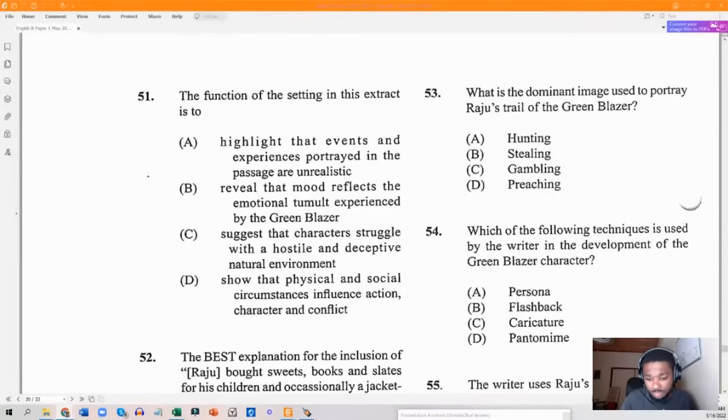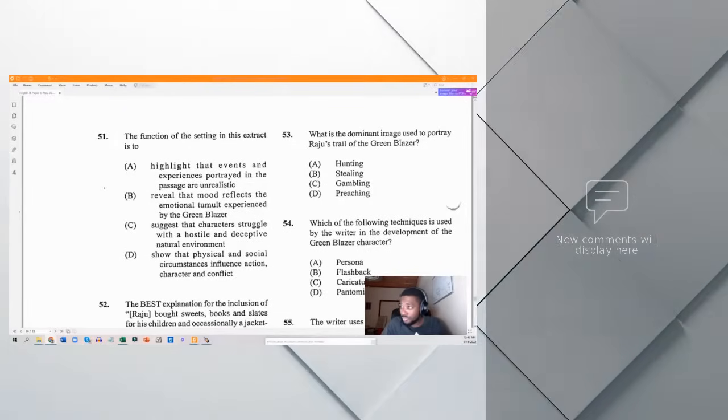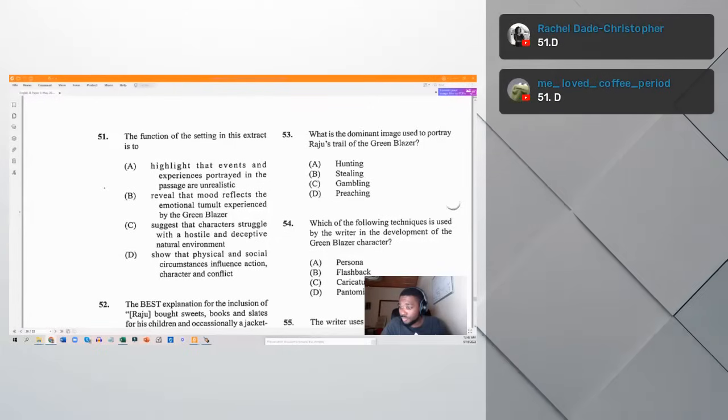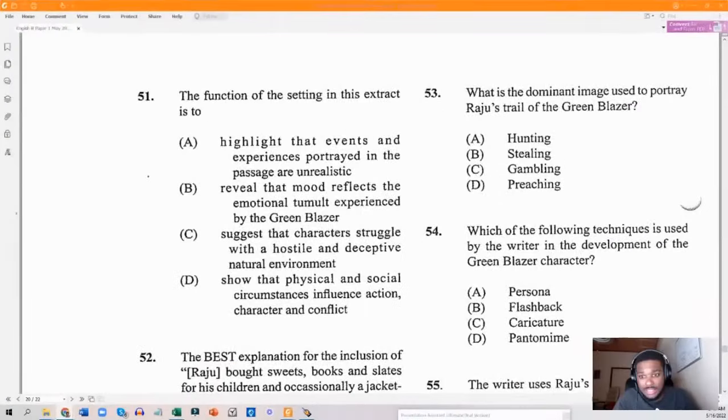So 51. Still waiting to see your answers. What is the function of the setting in the extract? All right, the answer is D. Show that physical and social circumstances influence action, character, and conflict.